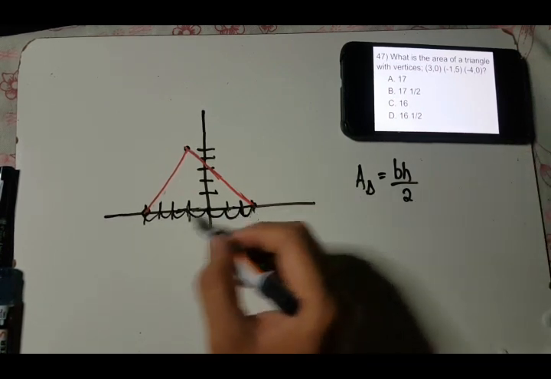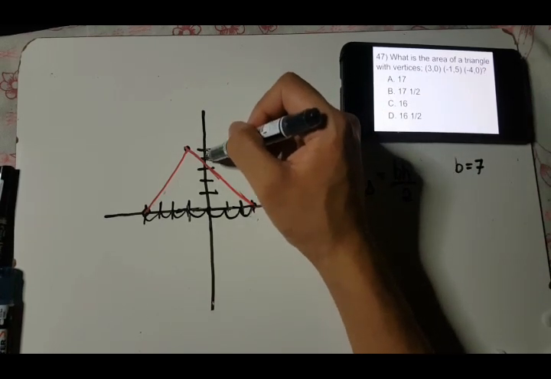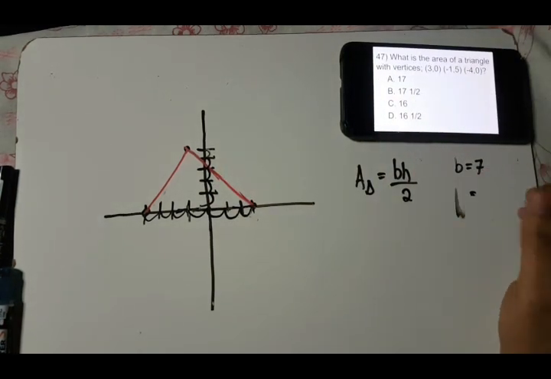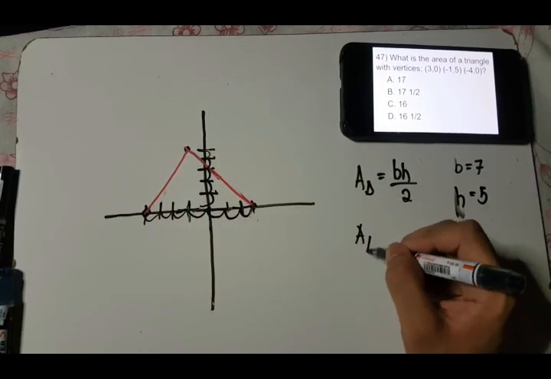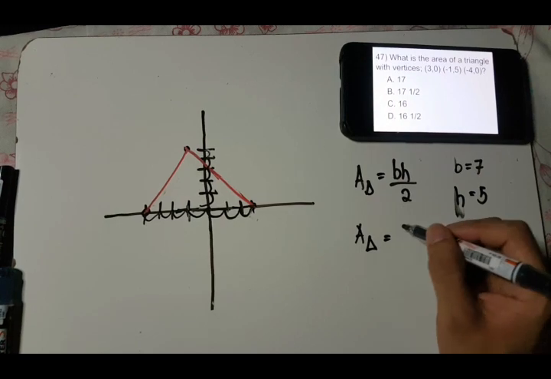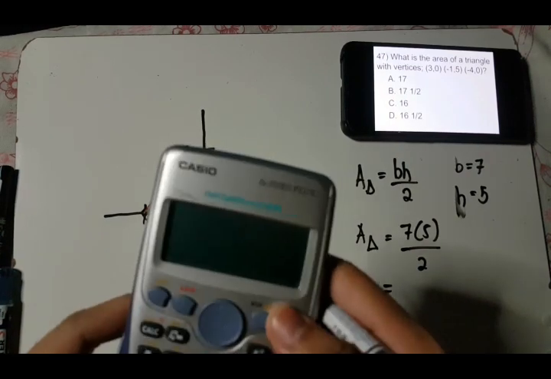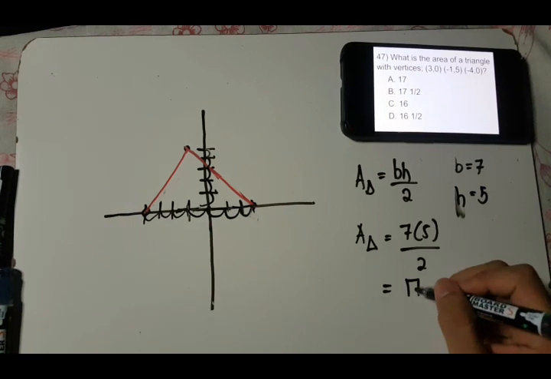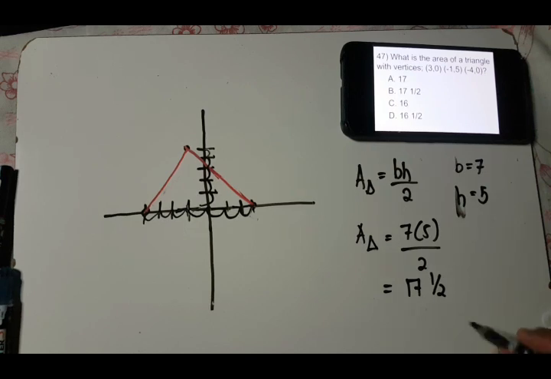So, ang base natin is 7. How about the height? 1, 2, 3, 4, 5. So, height is 5. Now, we can substitute it here. Area of triangle is 7 times 5 over 2, so 35 divided by 2. That is 17.5 or 17 and 1/2. So, answer here is letter B.